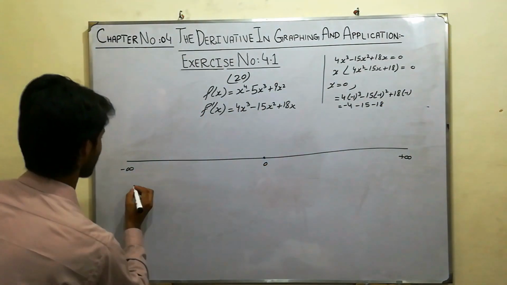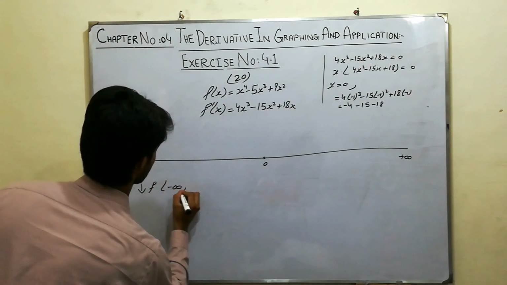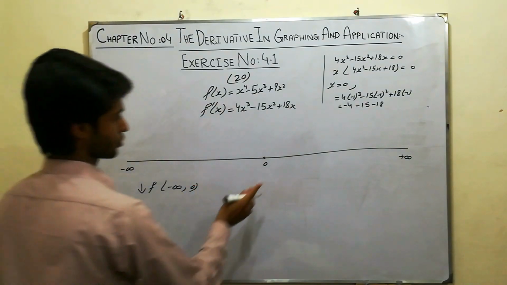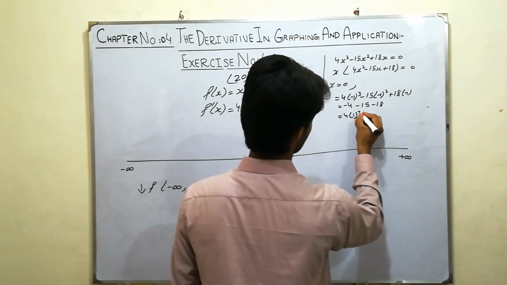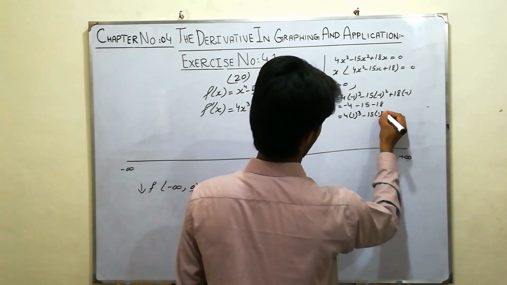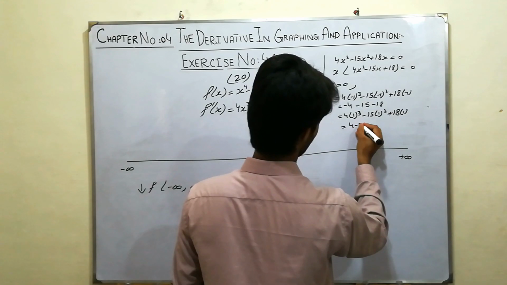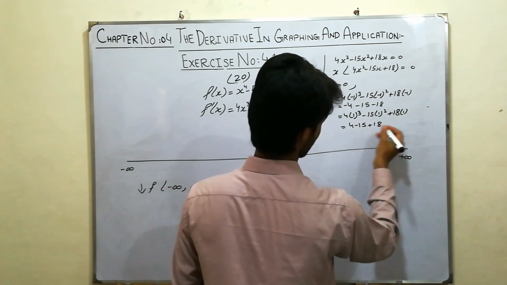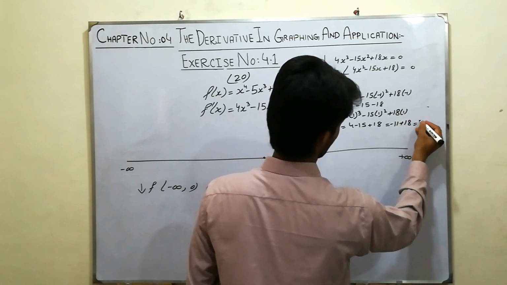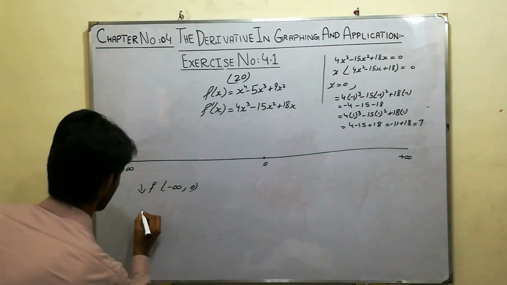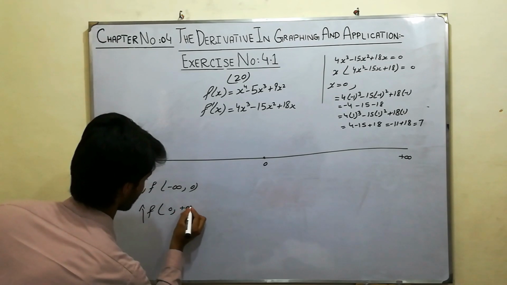It means the function is decreasing from minus infinity to 0. And if we put a positive value, let's suppose 1, we have 4 minus 15 plus 18. If we solve that, we have a positive value, it means the function is increasing from 0 to plus infinity.